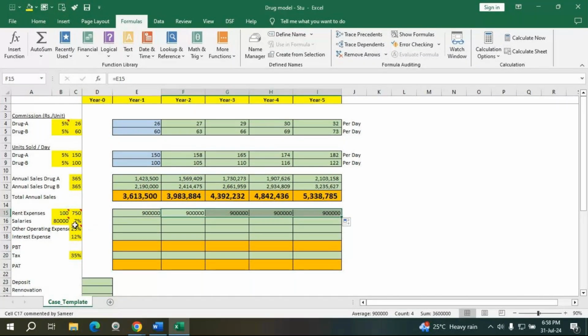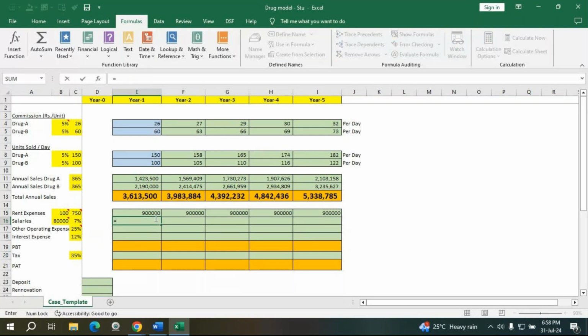Then salary they are telling. Per month the salary is 80,000, and a 7% increase is there. So 80,000 equals 80,000 into 12, so it is 9,60,000 rupees per year.